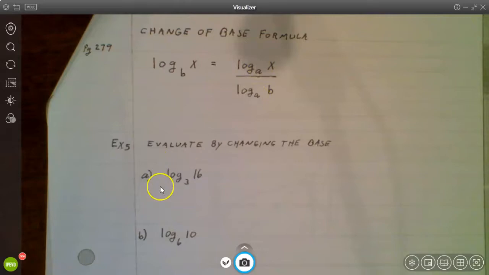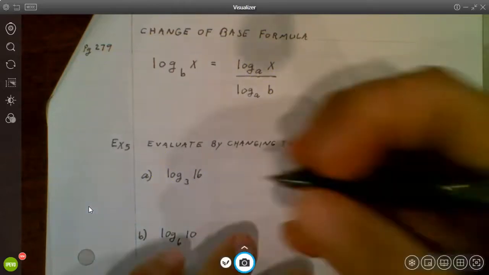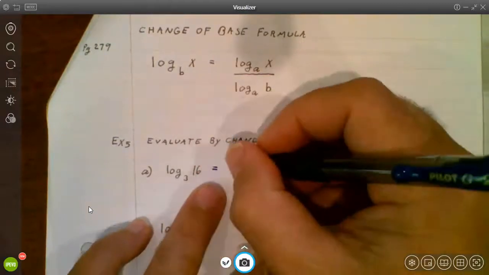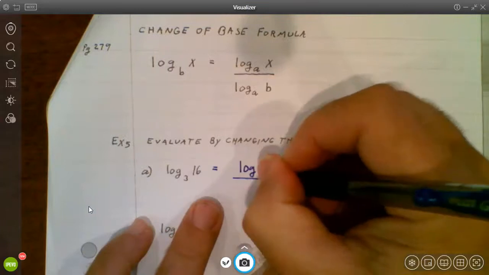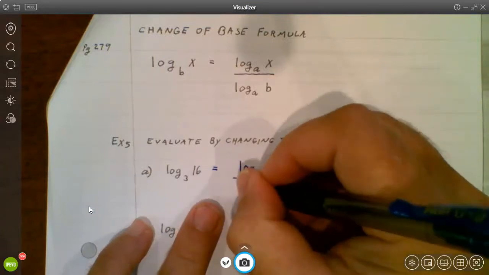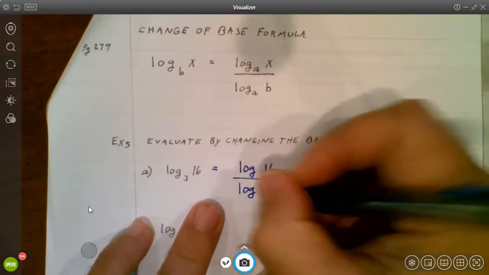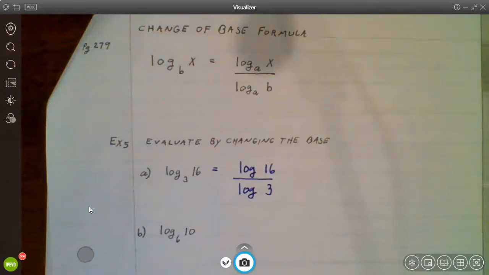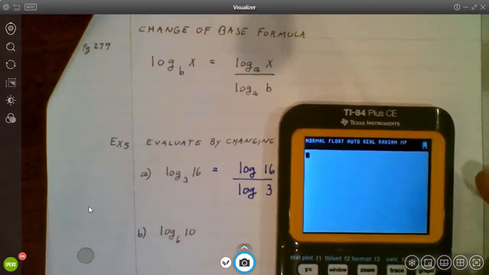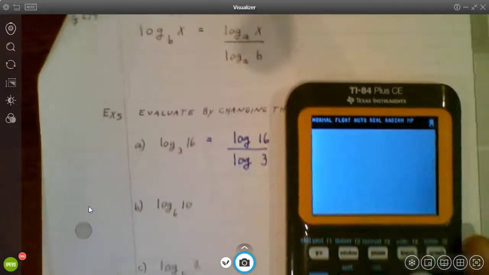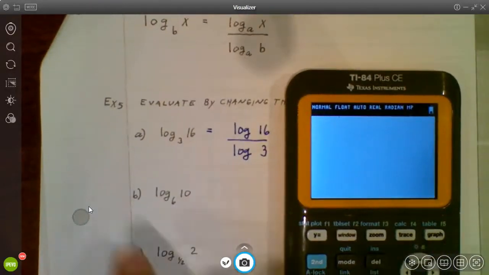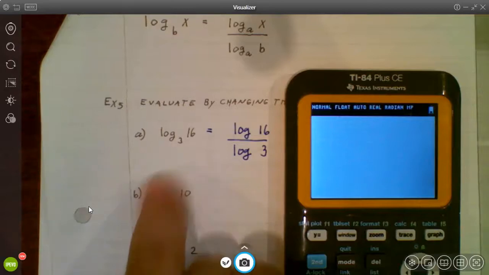So in a case like this, if I wanted to evaluate this using the change of base formula, we would simply say log 16 over log 3. And kind of the initial purpose of doing that was kind of a calculator thing. Most calculators only do a log base of 10. And so you were not able to put in a base of 3 into a calculator.